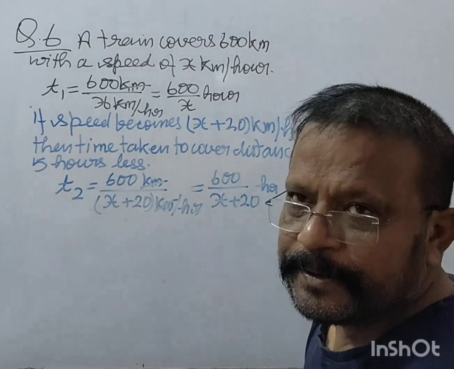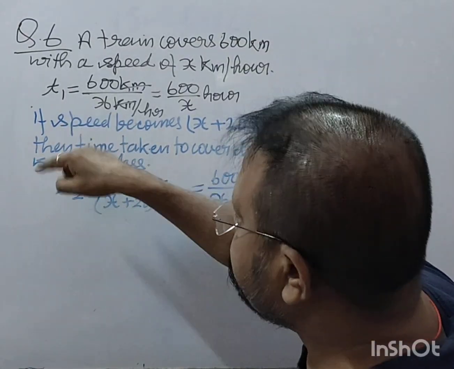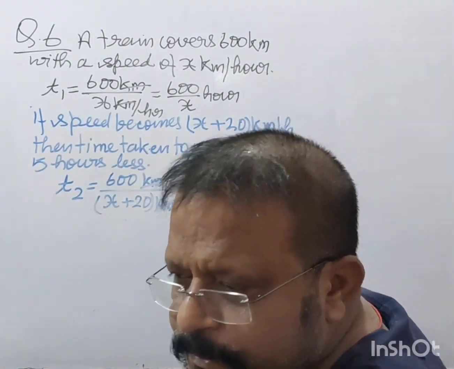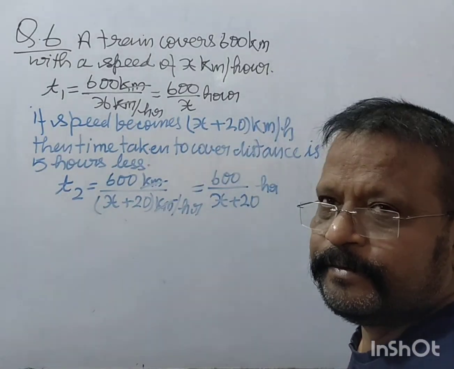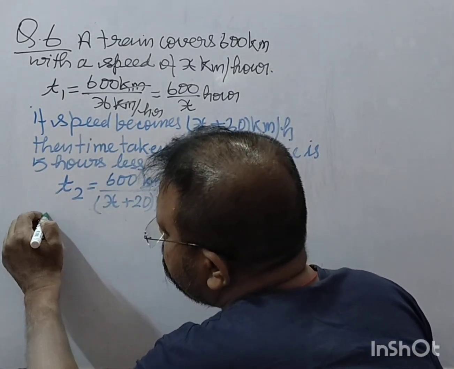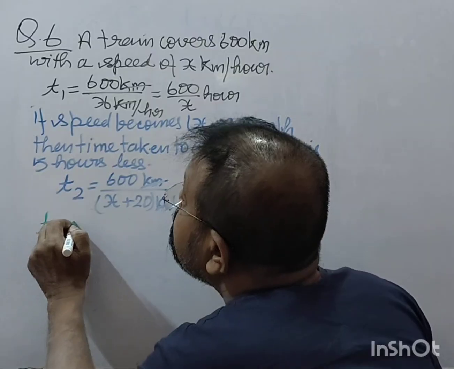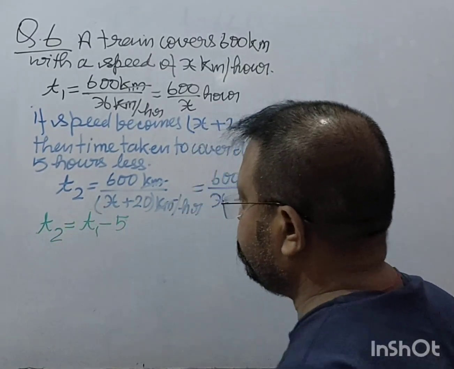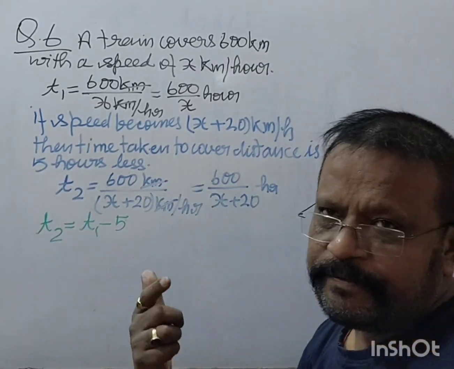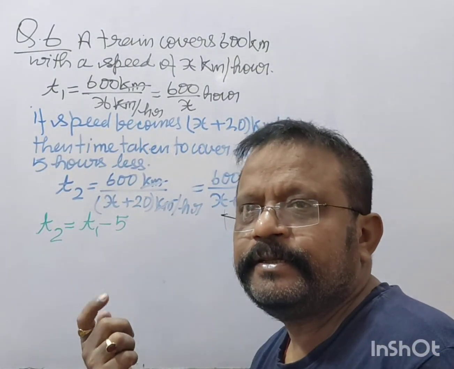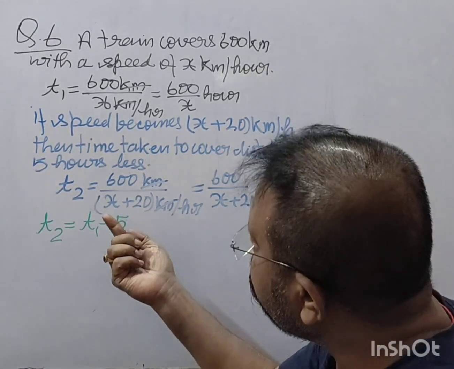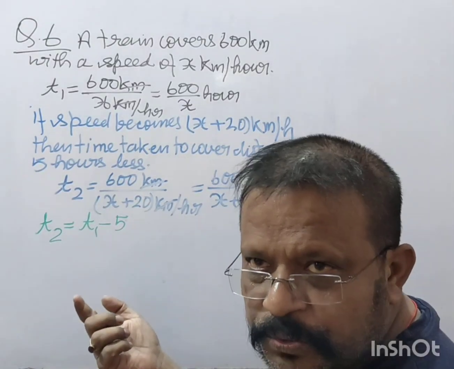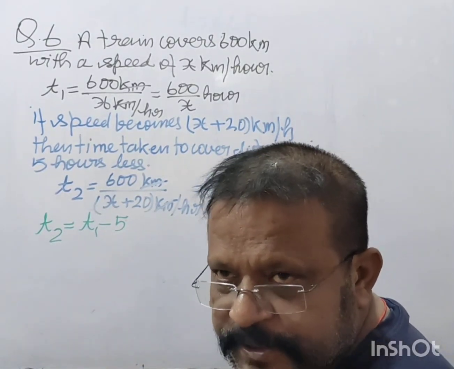This much time. And the difference between these, T2 is 5 hour less than the T1. So T2 is equal to T1 minus 5 hour. What is written there? Obviously, when speed will increase, then it takes less time. So when it is moving with the speed of x plus 20 kilometer per hour, then it takes 5 hours less time to cover the given distance, right?